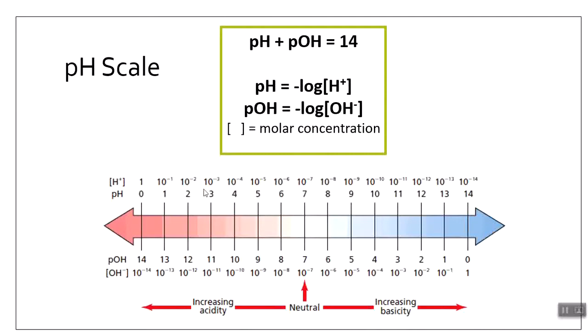And then on the other side, we have pOH. Now, if pH tells us the power of hydrogen, what do you think the pOH will tell us? Power of hydroxide, right? So if you look at this scale here, pOH is actually the complete opposite of pH, okay? And pOH is related to the concentration of hydroxide ions, all right?